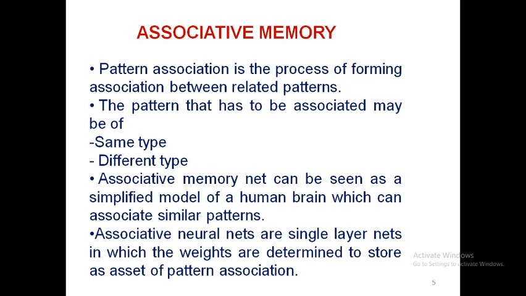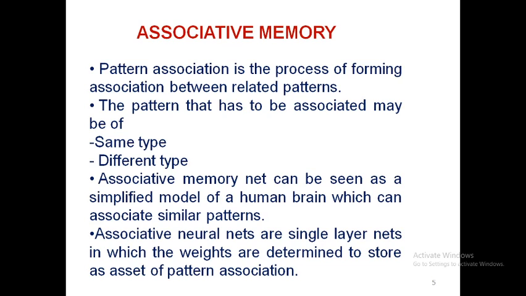Like I told you in the normal example, same type means, taking the example of a particular person's face, we can map that face with our memorized face, or we can simply say that yes, you belong to this village. We are not going to tell his name, which is of a different type.